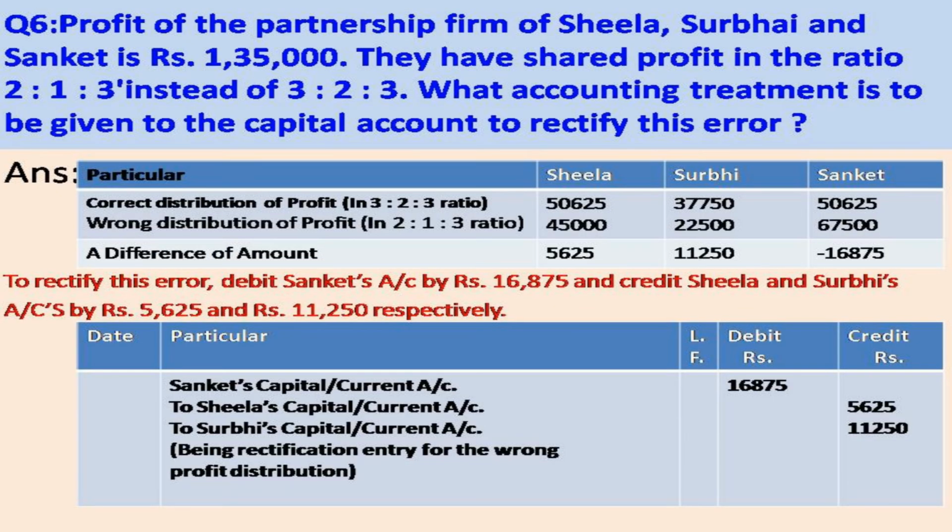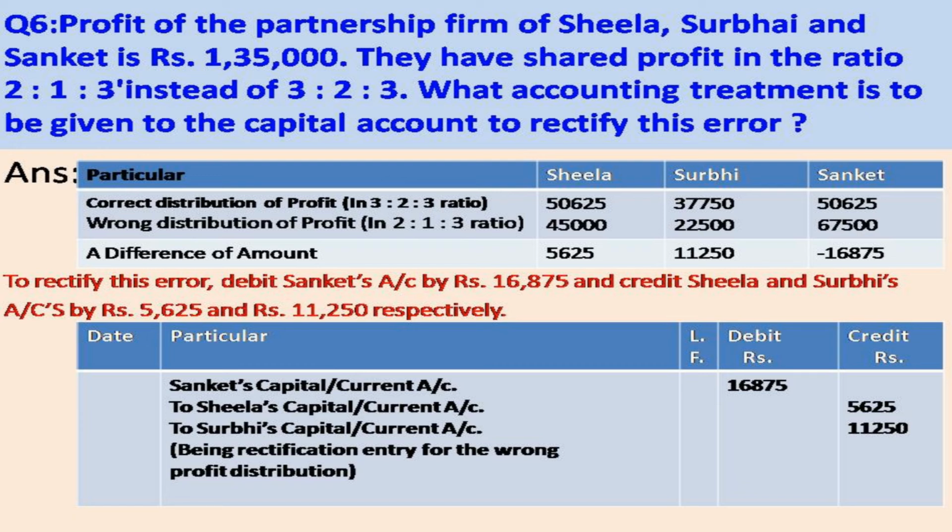Question number 6. Profit of the partnership firm of Sheila, Surbhi and Sanket is rupees 1,35,000. They have shared profit in the ratio 2:1:3 instead of 3:2:3. What accounting treatment is to be given to the capital account to rectify this error?